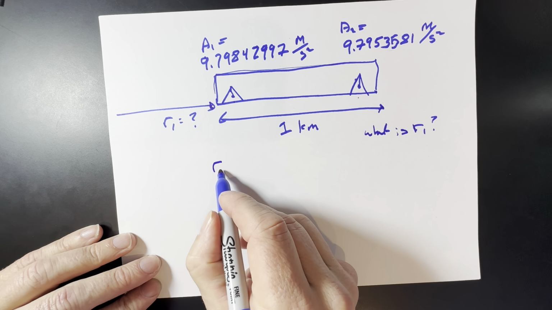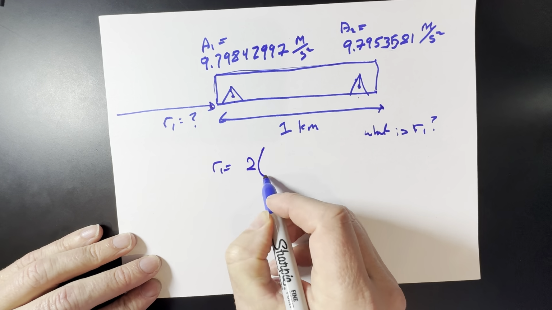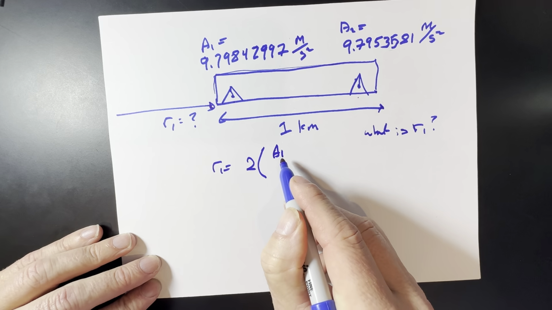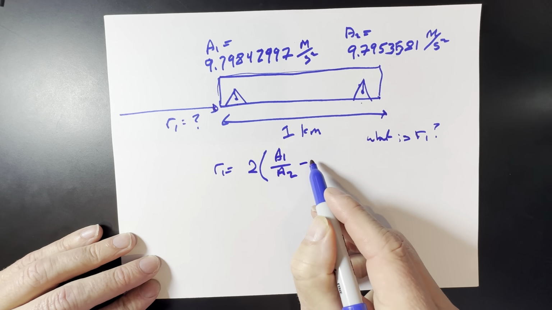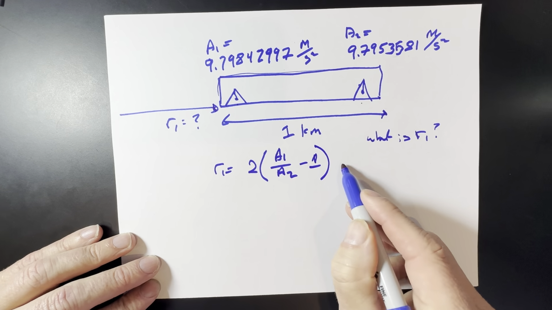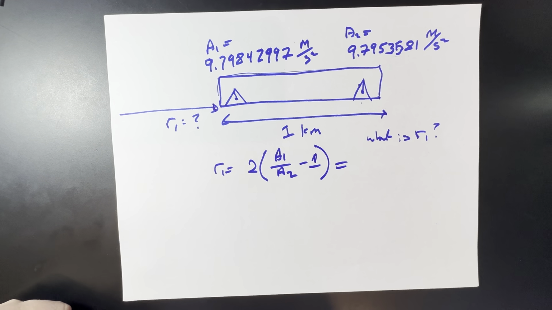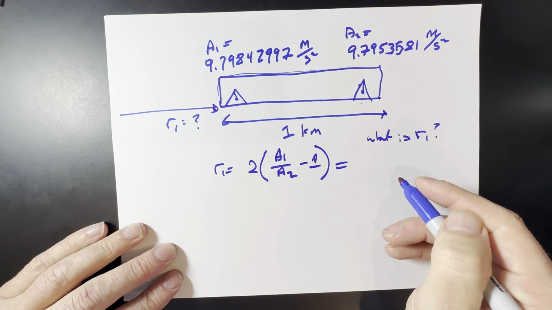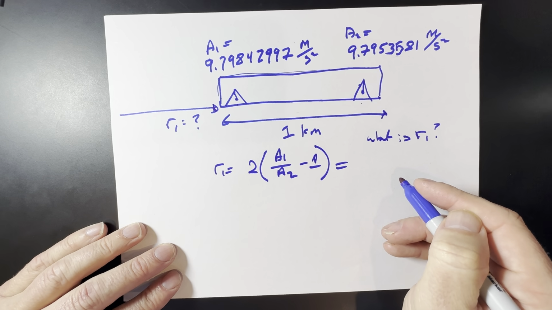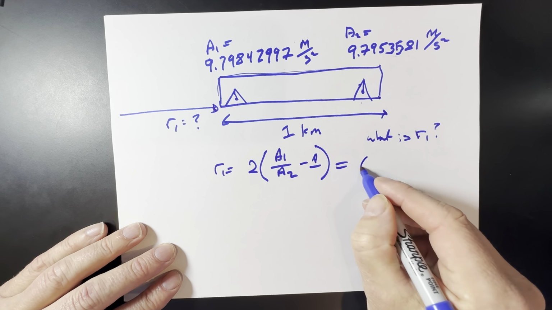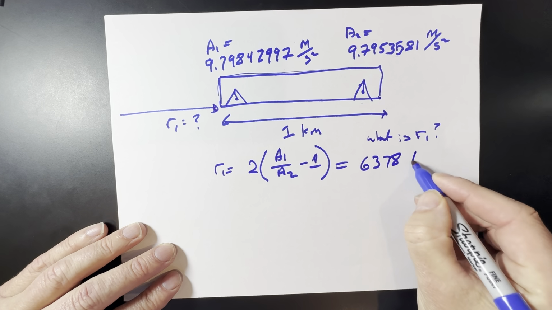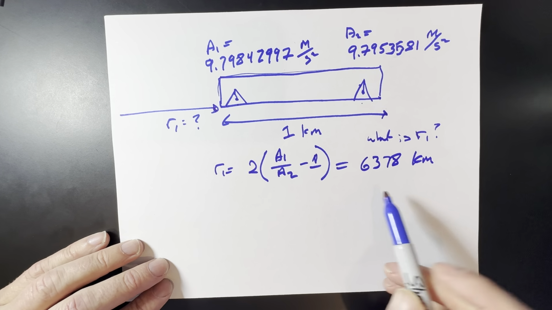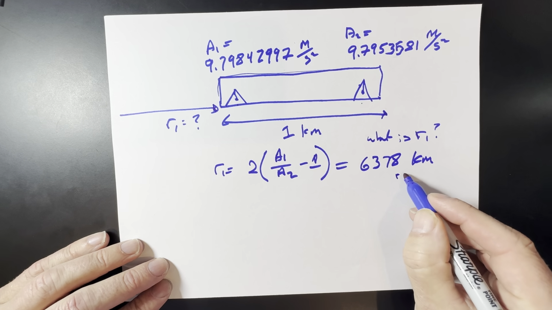Well, R1 equals 2 over the ratio A1 over A2 minus 1, which, if you do the math, basically equals 6,378 kilometers, which just happens to be the radius of Earth.